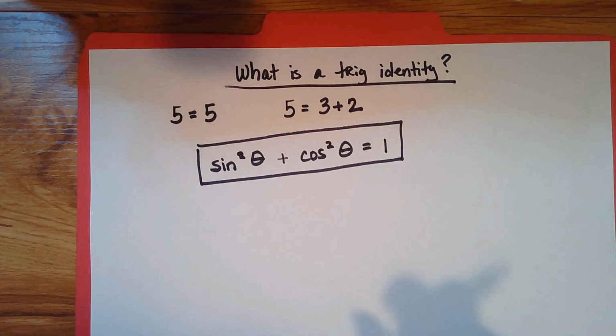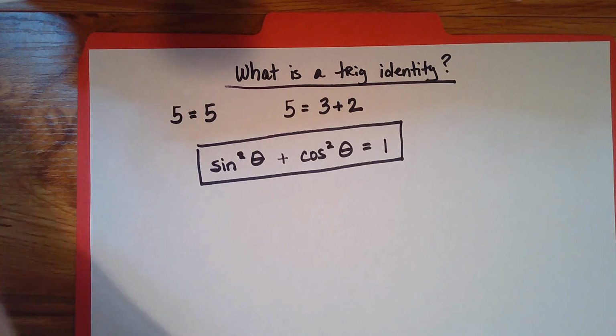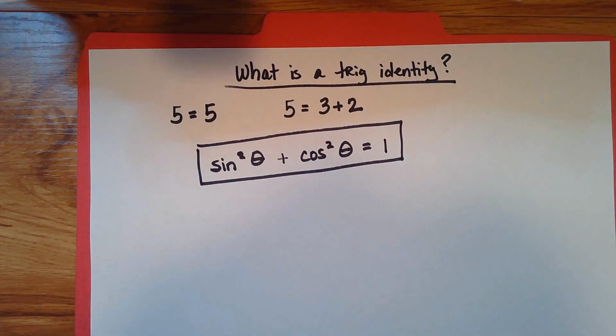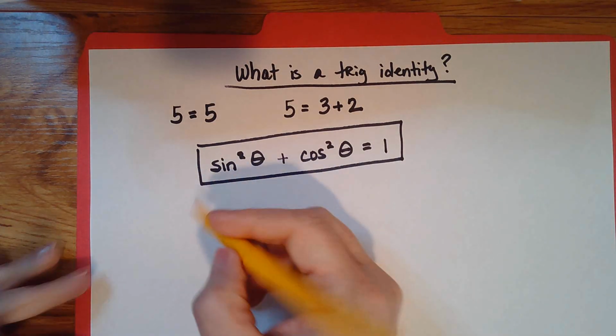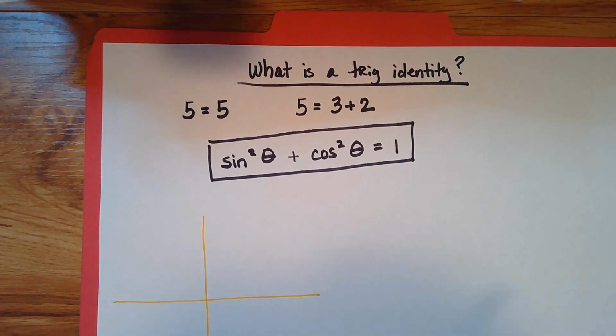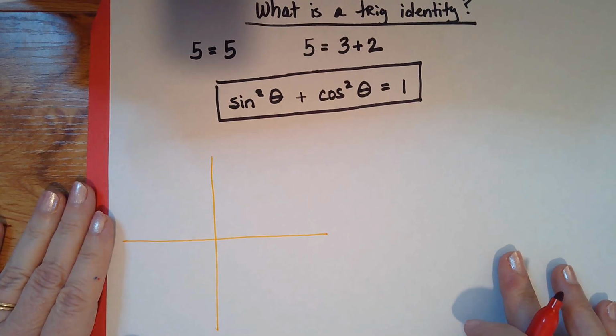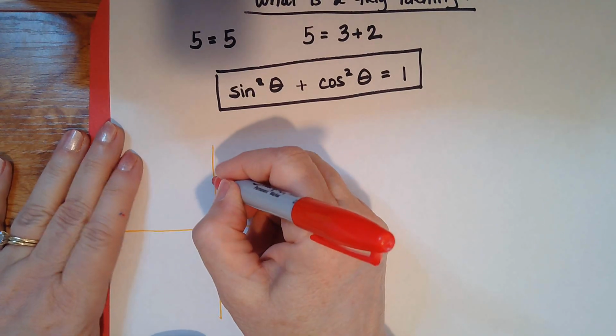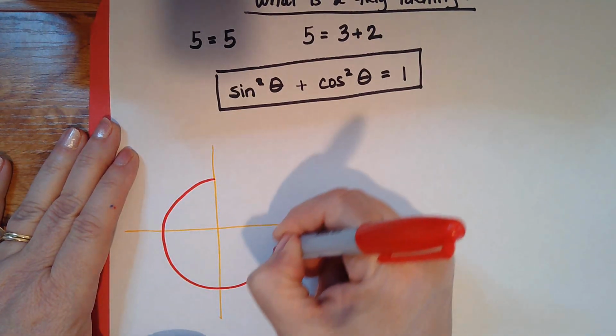Well, now we have gotten to the exciting part of this video. So let's take a look at a unit circle. So hold on just a moment. So there's my graph. And here's my unit circle.